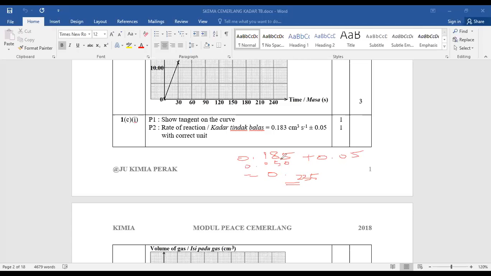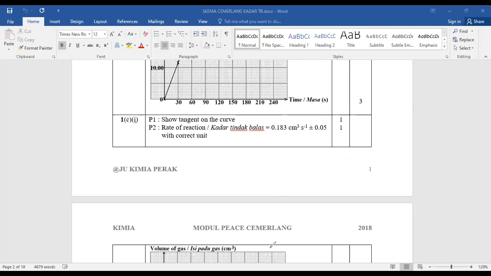If you minus, your lowest answer will be 0.135. Okay, I repeat now. The range of your answer here, what is the meaning of this? Meaning you take this 0.183 plus this value, or you take this minus this value. So your answer should lie between 0.135 to 0.235 in the unit of centimeter cube per second. Okay, that is the meaning of this part.